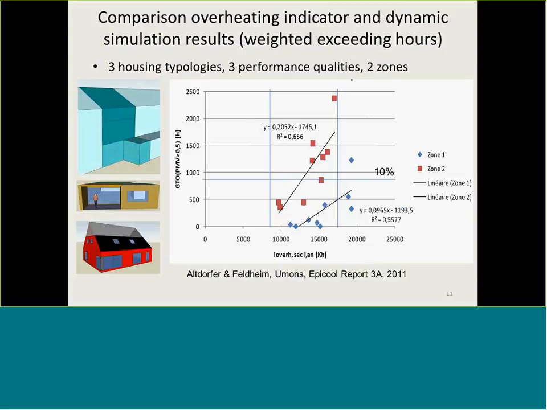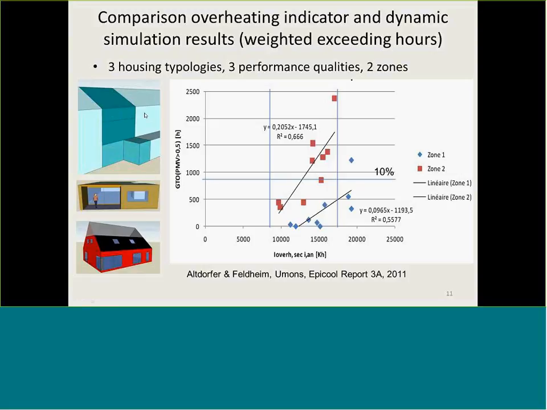In another example, the results of multi-zone dynamic simulations have been compared to the value of the overheating indicator for 3 different housing typologies: a terraced house, an apartment, and a detached house, with 3 different performance qualities.